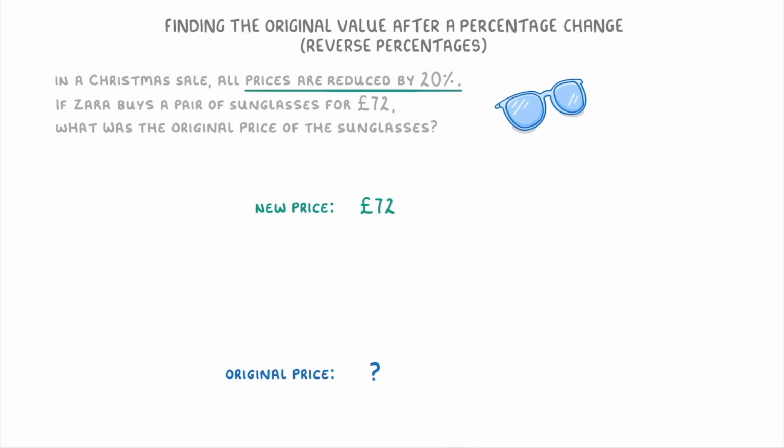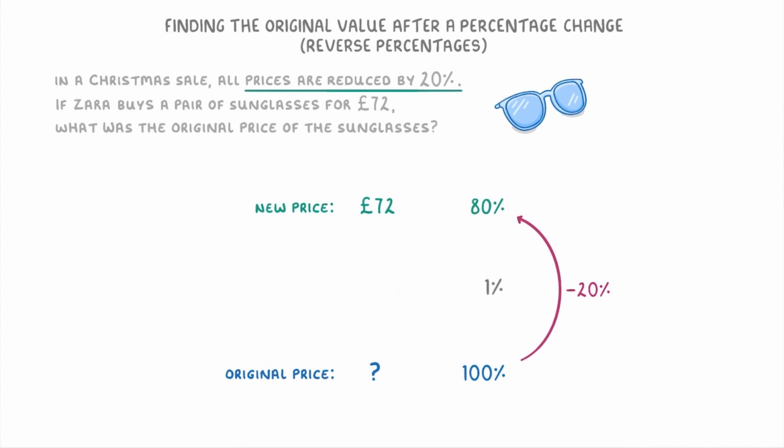Just like before, we can think of the original price as 100%. So if it's been reduced by 20%, then the new sale price must be 80%, because 100 minus 20 is 80. So we now know that £72 is equivalent to 80%.